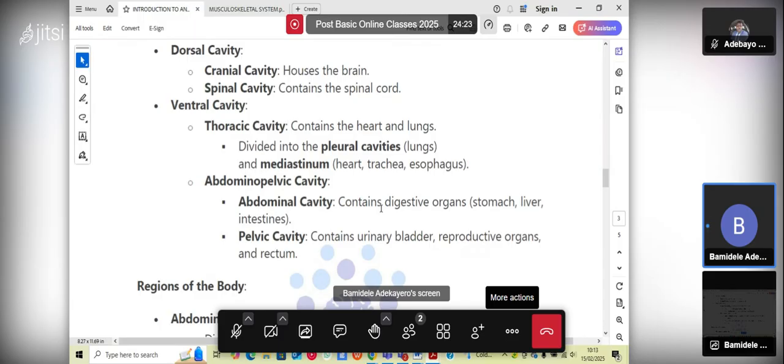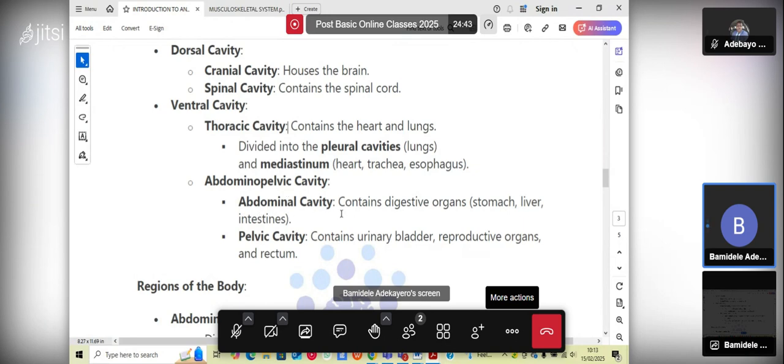For instance, the uterus. The uterus resides mainly in the pelvic cavity in women. However, during pregnancy, it gravitates towards the abdominal cavity. So that's why abdominal and pelvic cavity can be used together in a sentence.